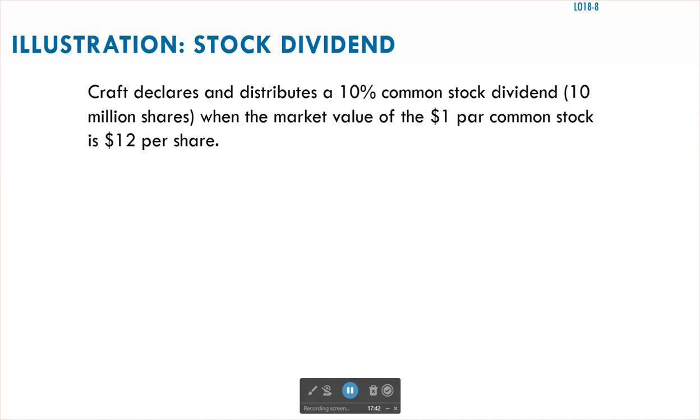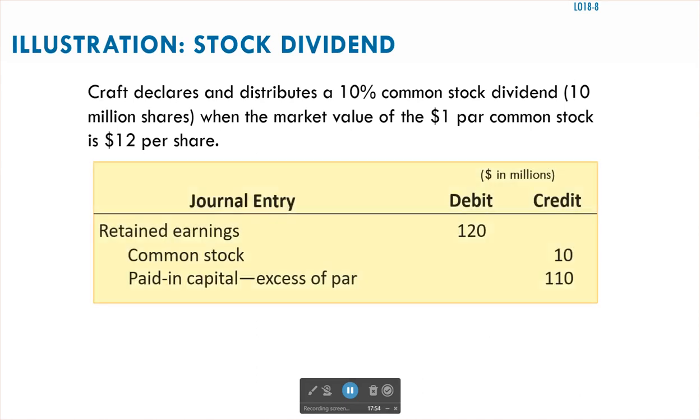Here is a 10% stock dividend. The magic number was 25%, so this is a small stock dividend. They give you both market value and they give you par. So you have to know the concept to be able to do this, and the concept is if it's small, use market.